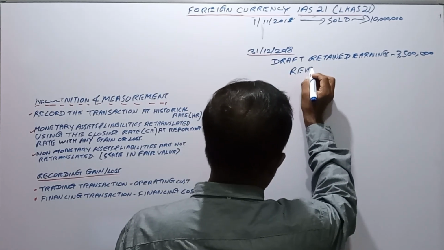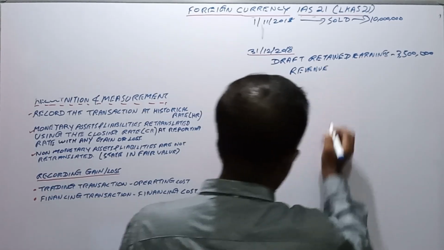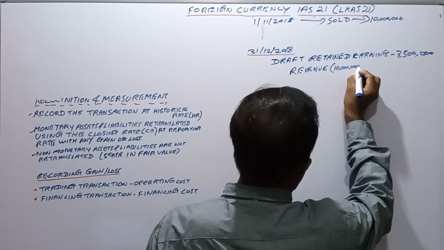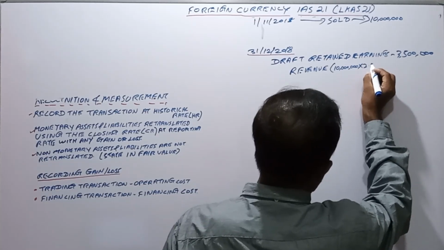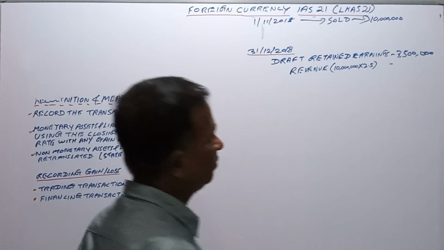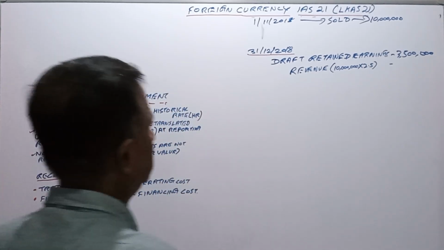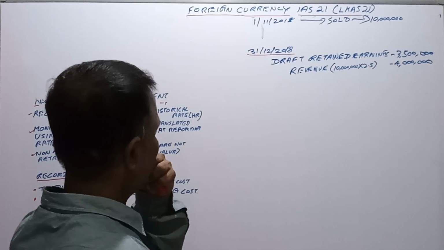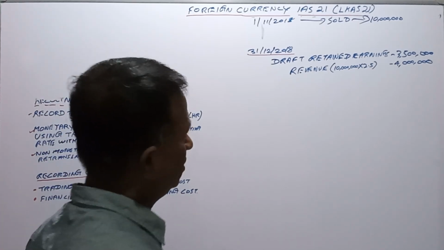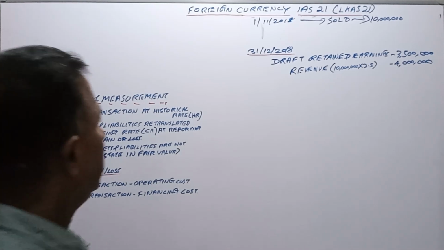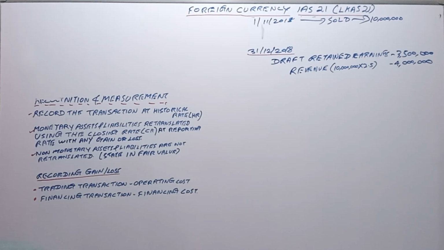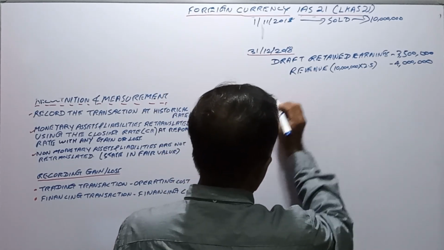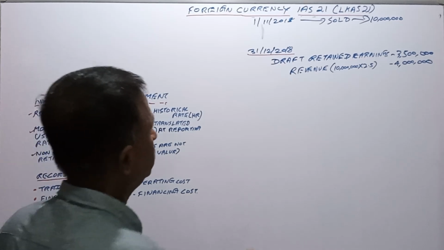Revenue, that is 10 million divided by 2.5, that is 4 million, right? The other one: you have to see the closing rate, that is 2.4.